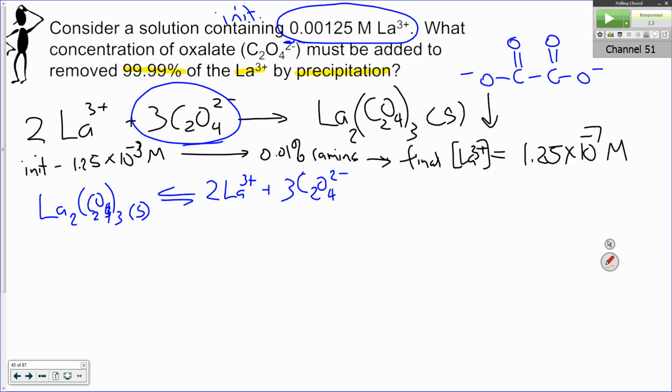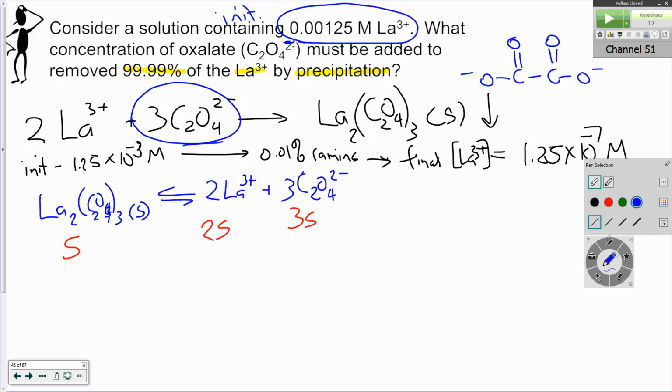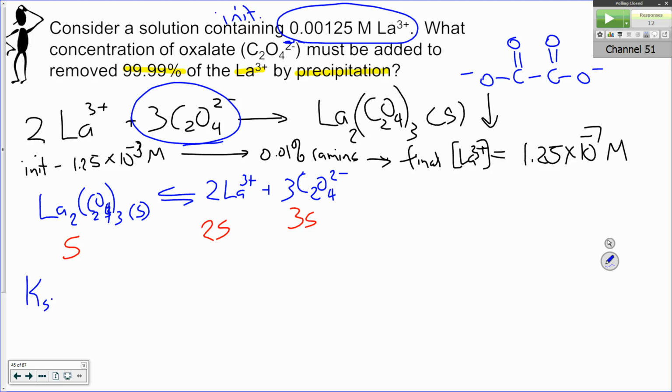So I've got solubility of the parent compound, 2 times solubility, 3 times solubility. And the Ksp expression for that is going to be the concentration of the lanthanum squared times the concentration of the oxalate ion cubed. What do I need to plug in?